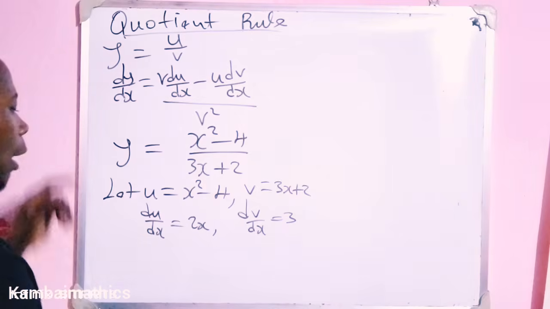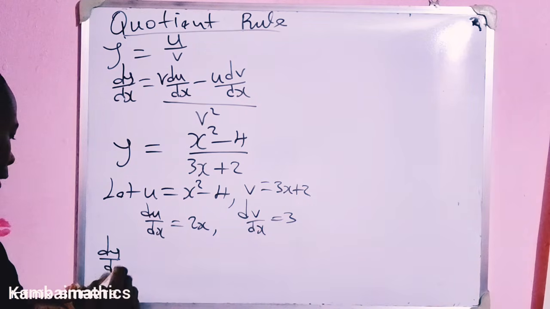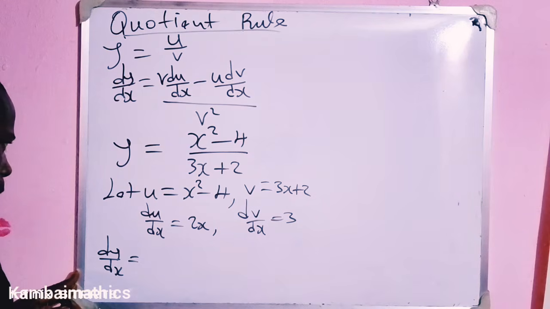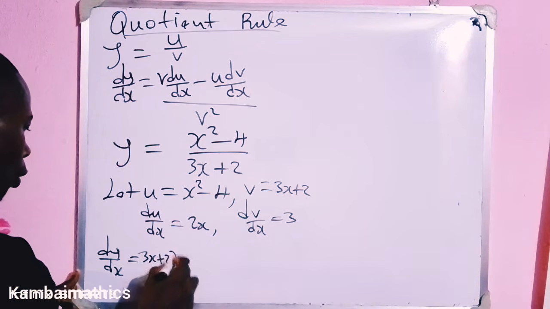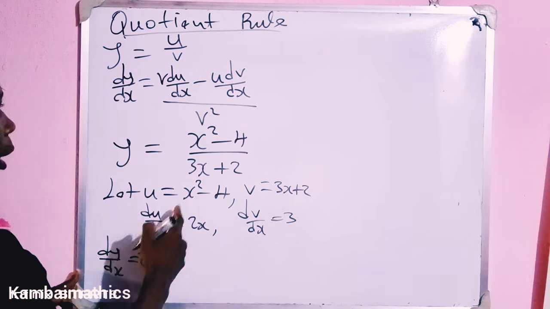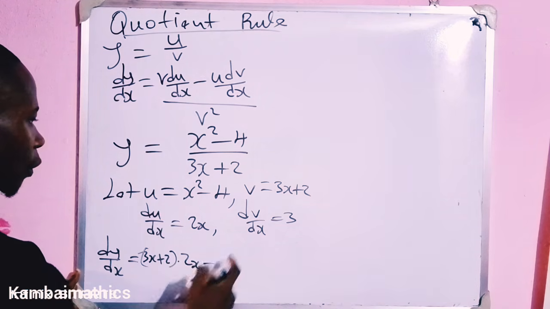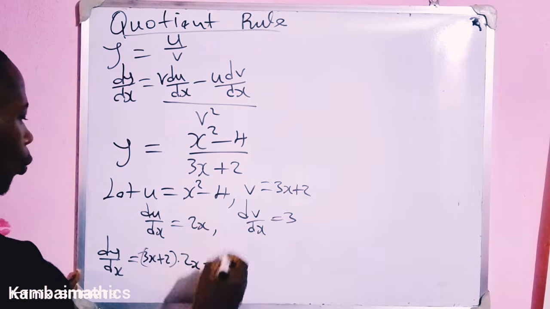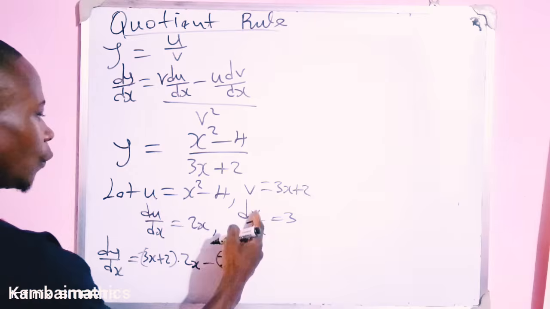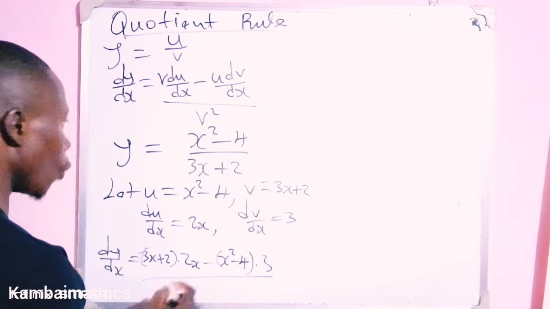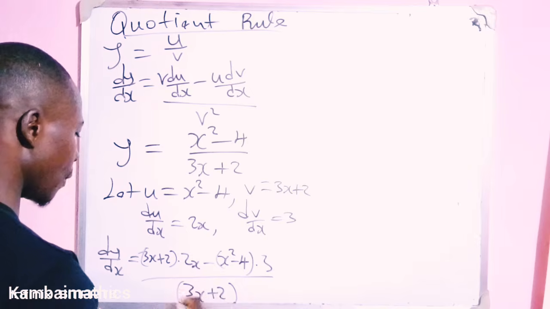So we can now go and substitute in the formula, which will have dy all over dx is equals to v, which is 3x plus 2 in bracket times du dx. Du dx is 2x minus, then the next one is u. U is x squared minus 4 in bracket times dv dx, which is 3, all over v squared, which is 3x plus 2 all in bracket square.